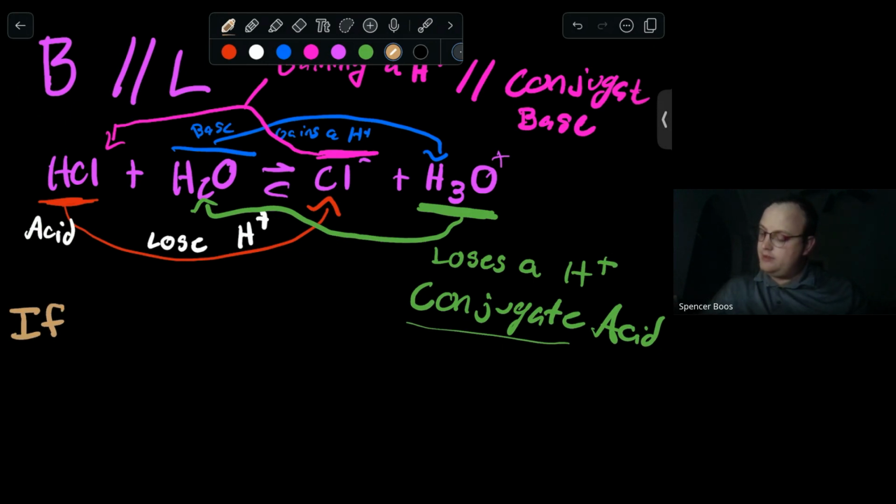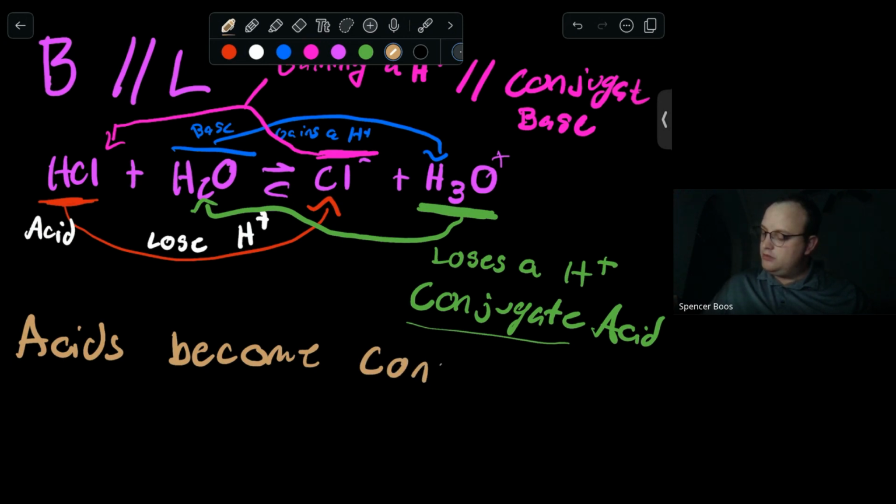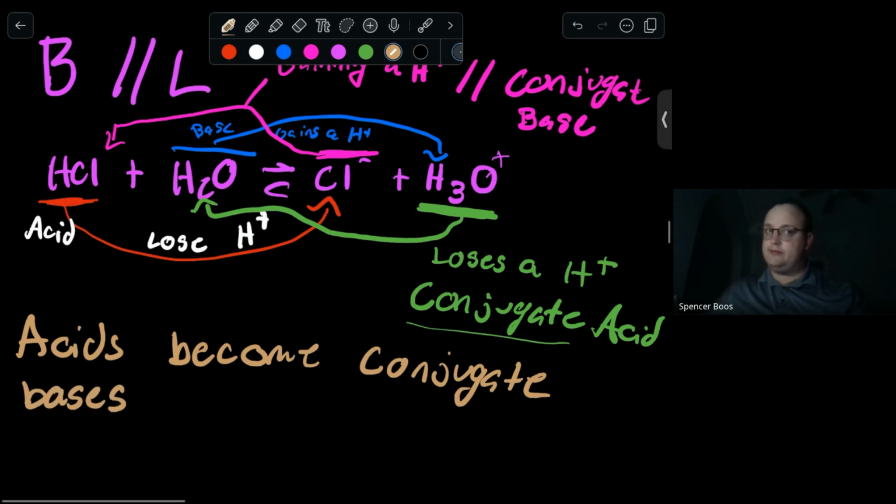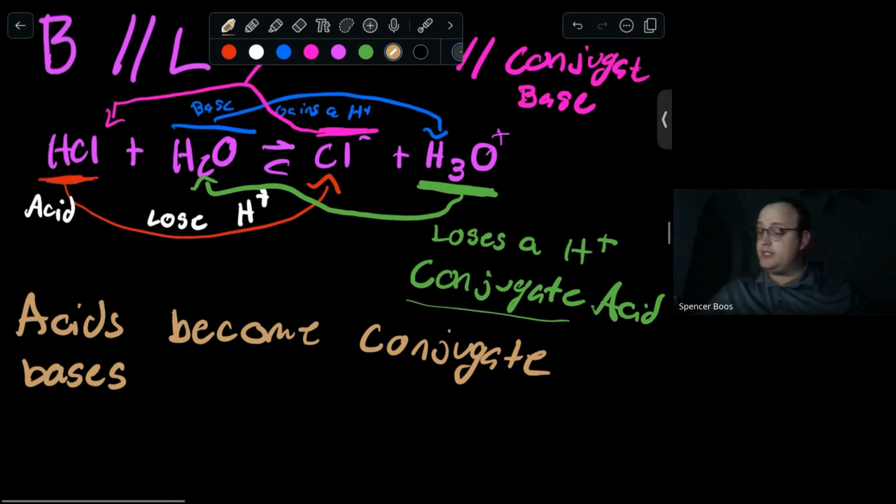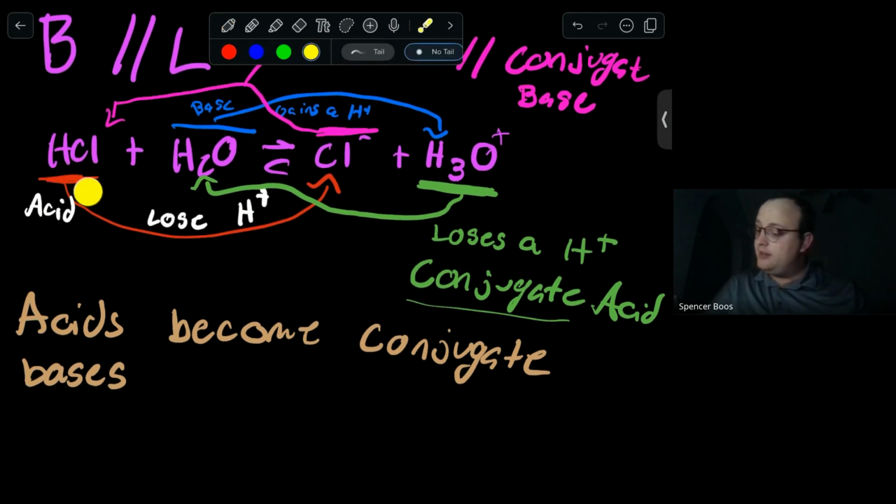Let me rephrase: acids become conjugate bases. Always. So if you look here on this one, the HCl was an acid and becomes the conjugate base.